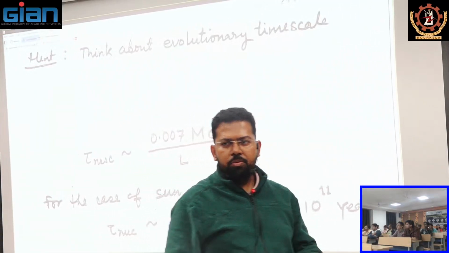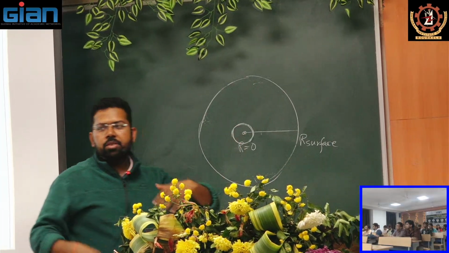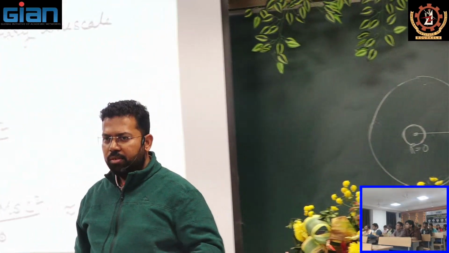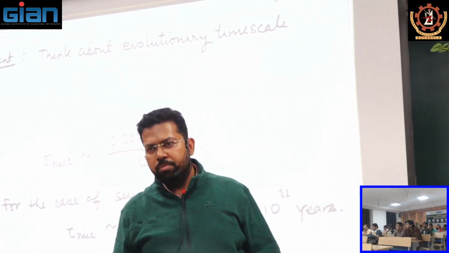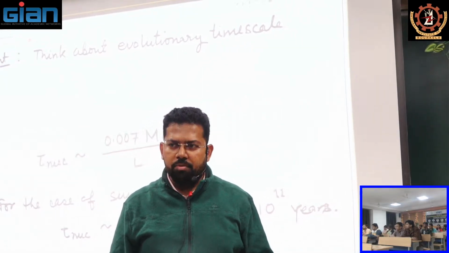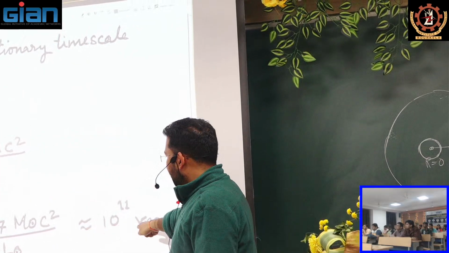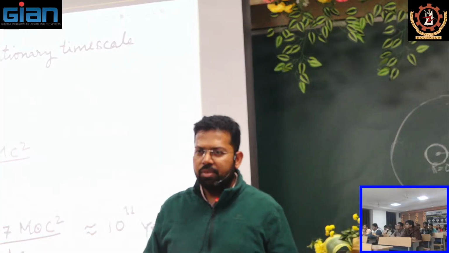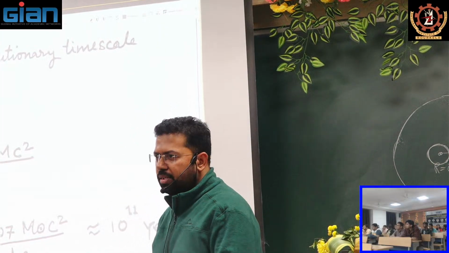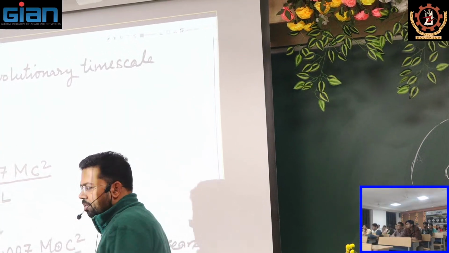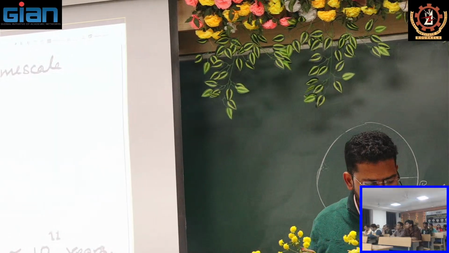Obviously, processes like convection can mix the material present in the outer part of the star, but that's a different story. Typically, approximately 10% of the mass of the star is available for nuclear burning, and since in this example we considered the entire mass of the sun while calculating the nuclear time scale, that is why we were getting off by a factor of 10.